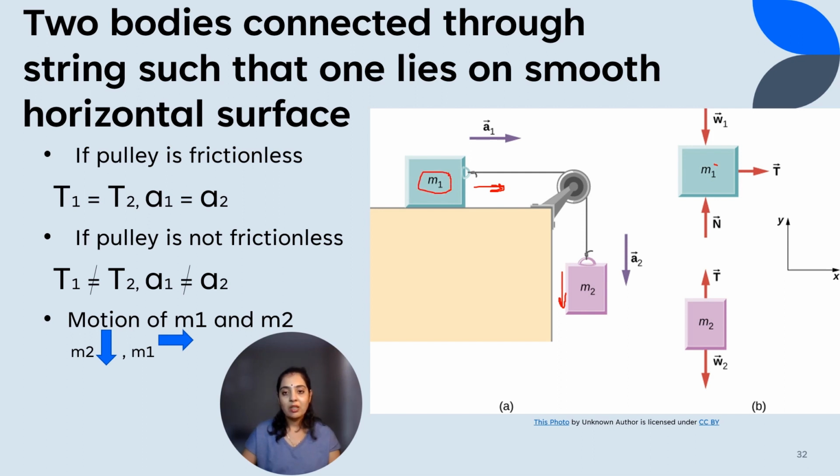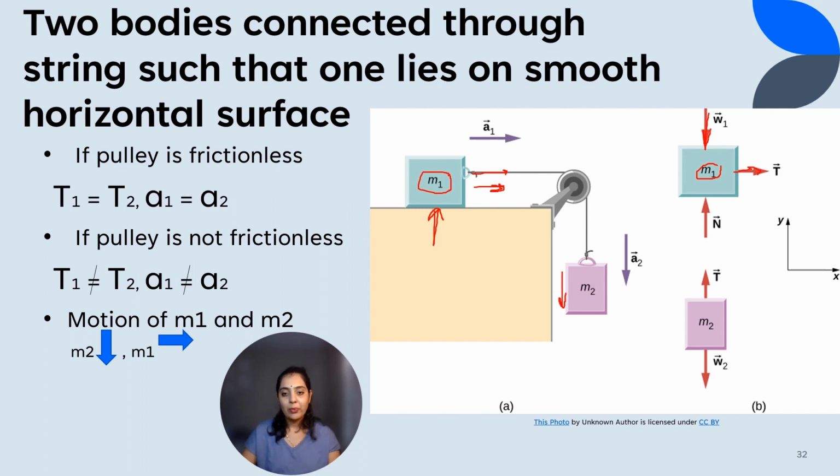So M1 is having its weight, W1, then tension here in the string, that is T, and the normal force by this surface.